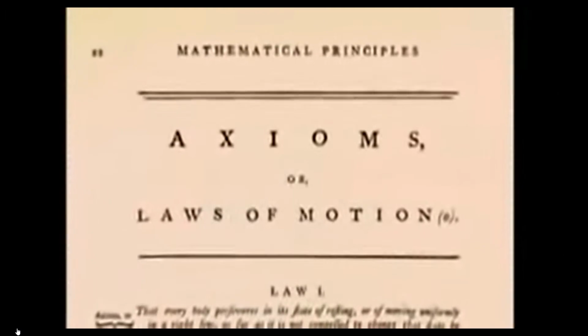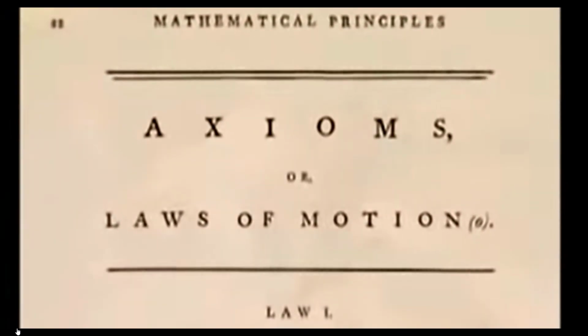He began the Principia with a set of ground rules, his famous 3 laws of motion. 1. An object in motion will remain in motion forever unless acted on by an external force. 2. An object's rate of acceleration is proportional to the force exerted on it. And 3. For every action, there is an equal and opposite reaction.